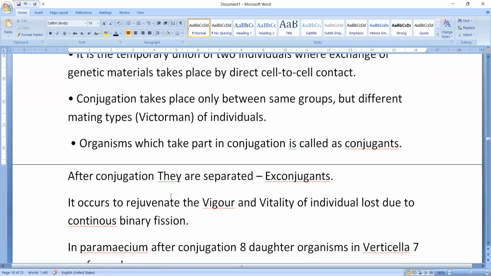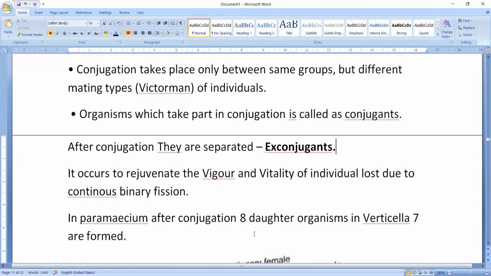After completion of the conjugation process, the two organisms are separated. Now they are called ex-conjugates. It occurs to rejuvenate the vigor and vitality of individuals lost due to continuous binary fission.